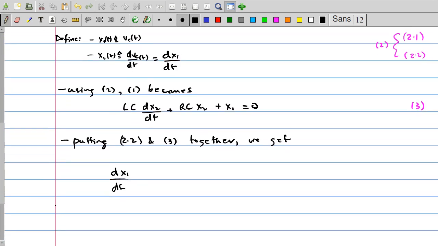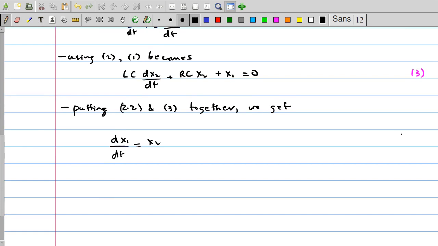So then we get dx1 by dt equals x2, which we can call 4.1 just for convenience.